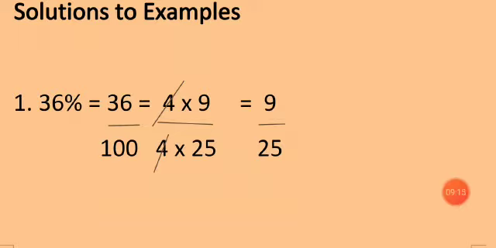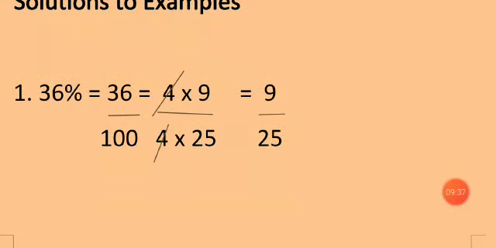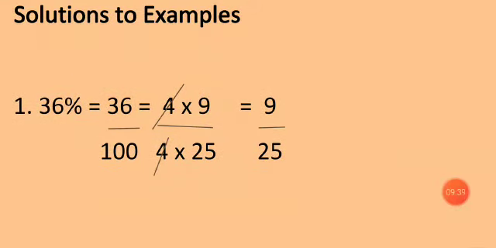In reducing it to the lowest term, we need to know the highest common factor. There are other cases where you start with lower factors like 2 divides 36, 18, 2 divides 100, 50. Then you have to divide 18 further, 2 divides 18, 9, 2 divides 50, 25.